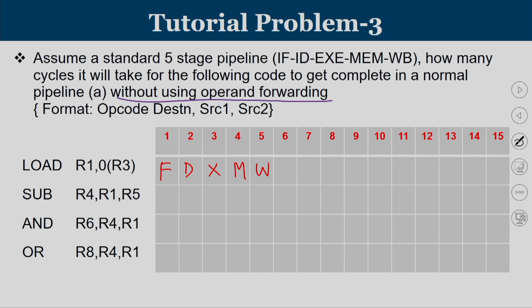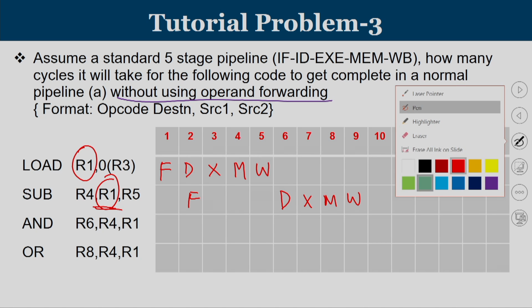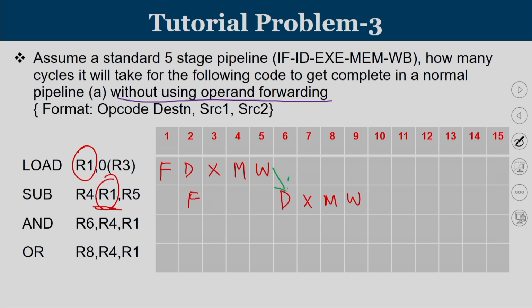Since there is no operand forwarding and there exists a data dependency between the first and second instruction, the second instruction can perform register read only if the first instruction is going to complete. So, the second instruction has to read from R1, and the value of R1 will be available only at the end of the 5th clock cycle. So, we are going to have a stall like this.